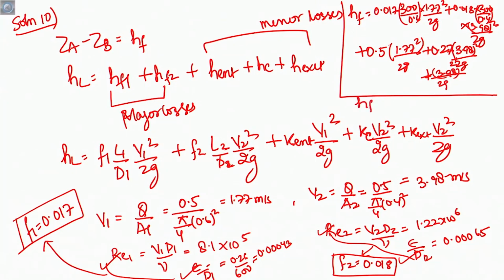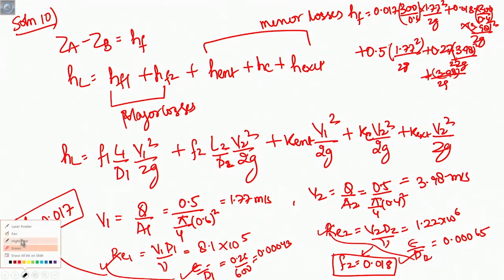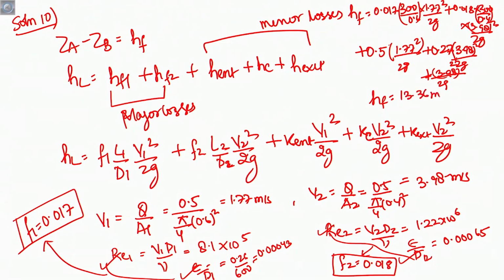So if you calculate, in the end the total loss is going to be 13.36 meter. Okay. So the final solution, the head loss is going to be 13.36 meter, and therefore ZA minus ZB is going to be 80 minus 13.36.